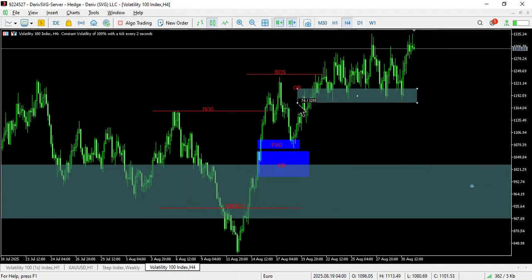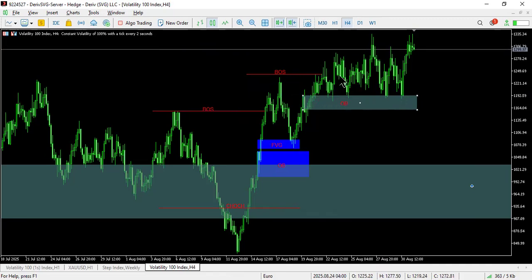That was our order block from the 4-hour time frame. Price was bouncing off at that order block.